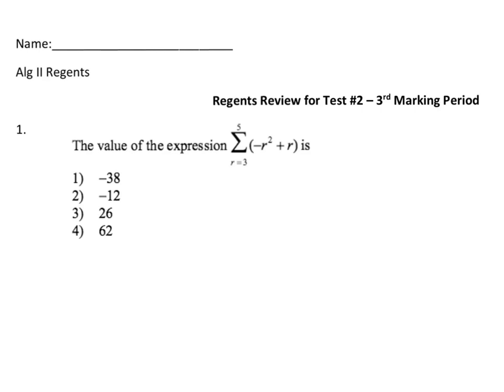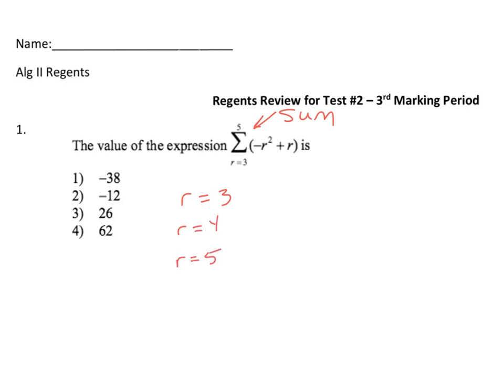For the first question, it says the value of the expression, the sum from r equals 3 to 5 of negative r squared plus r, is. This is a sigma, and you should remember that the symbol sigma means you need to do a sum. For this sum, I'm going to evaluate at 3, 4, and 5.